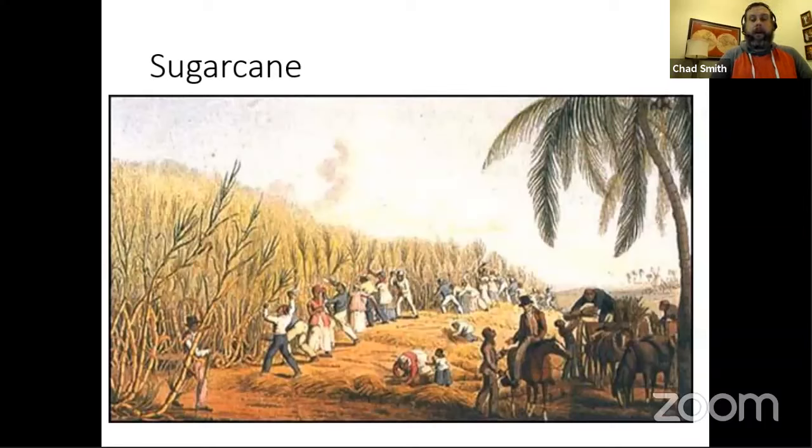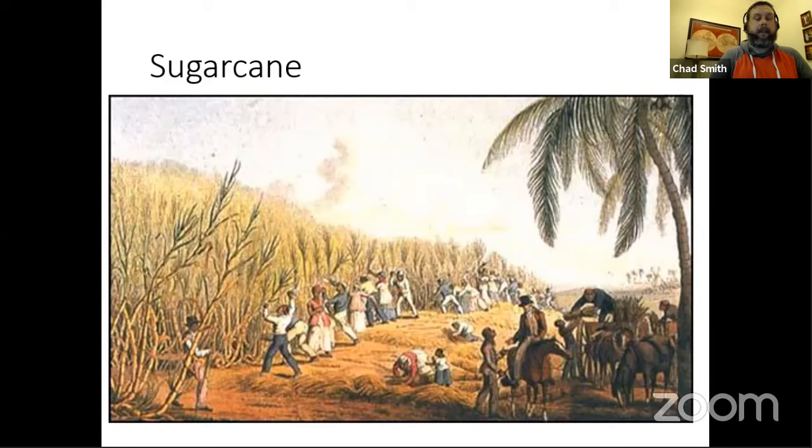Europeans looked elsewhere to meet their desire for free or coerced labor. And this is where they became involved with the African slave trade. Europeans traveled to the African coast where they would engage in trade in order to capture slaves and bring the slaves by the millions from Africa to the Americas, where they were sold into slavery to plantation owners, primarily in the Caribbean and in Brazil.